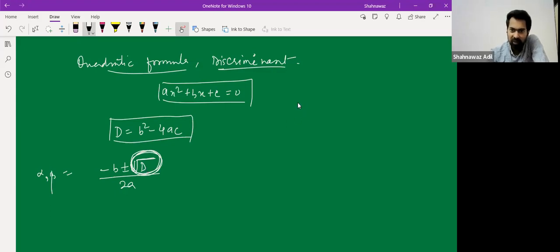So let's say if this D is greater than 0, the root D will have two values. Let's say D is 4, so this will give plus minus 2. Everyone okay?